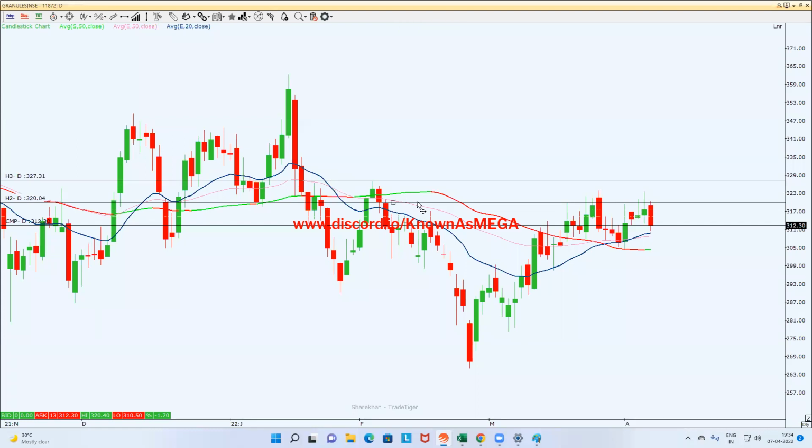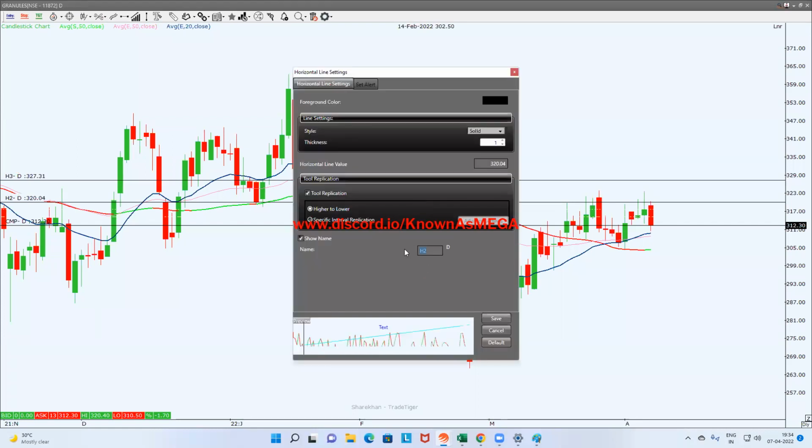Right? And I will mark this as, what is the first line, guys? The first line that I marked above CMP in a supply is perfect. Perfect. Proximal line. Beautiful.